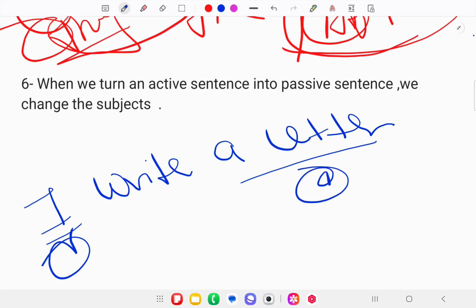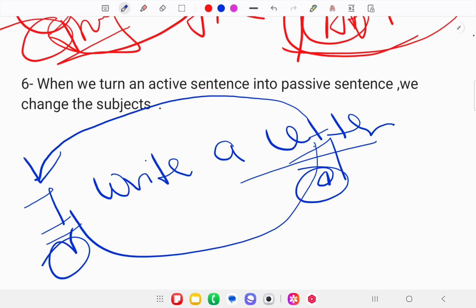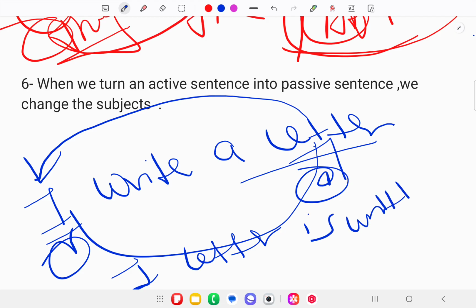When we turn an active sentence into passive, the object comes here and the subject goes from here to here. So it will be "A letter is written by me." So what this rule shows in this sentence is that when we turn an active sentence into a passive sentence, we change the subject. There is an exchange of the subject and the object.